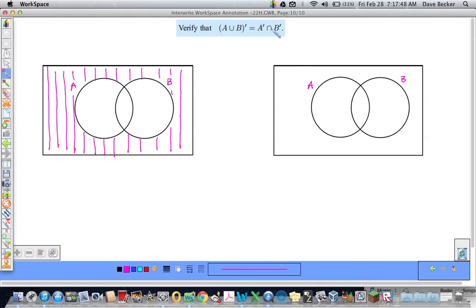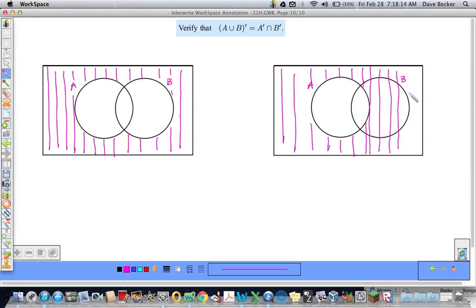Okay, so A naught intersect B naught. Okay, so let's think of A naught. A naught is all of this. Okay, it's all this. Everything that is outside of circle A. Everything. Ooh, look at that. I'm into part of B there, right?